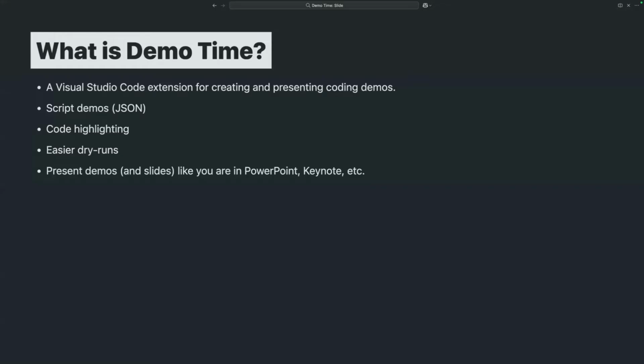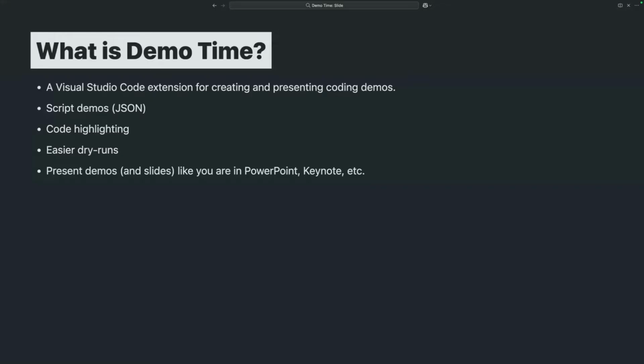You can just use your keyboard and click on next, or you can use a clicker, because what I'm doing is just pressing next and the next slide comes in. And yes, slides are now also part of demo time, because if you're doing demos, you're probably also going to present slides. So I combined everything together. Demo time these days does slides and demos all within Visual Studio Code. So you don't actually need PowerPoint anymore. You can just use Visual Studio Code.